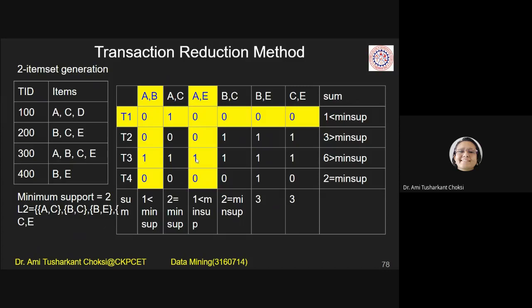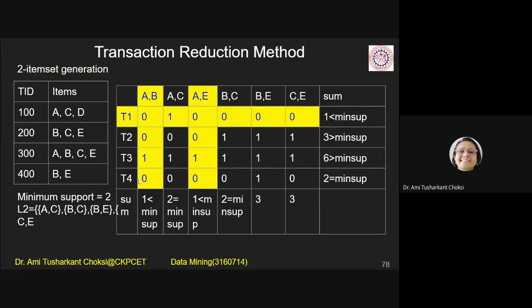AC, yes. AE, yes. BC, yes. BE, yes. CE, yes. Ooh. For all the two-item sets, T3 has 1. So what is the total? Row wise, 1 plus 1 plus 1 plus 1 plus 1 plus 1, 6 times, right? So we are getting 6, which is also greater than minimum support.